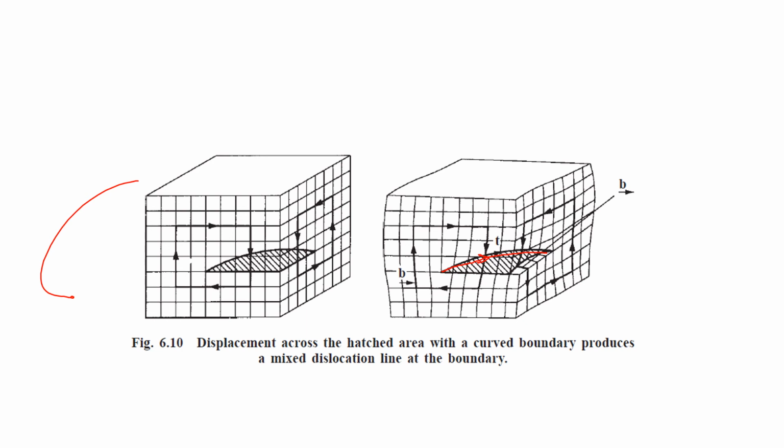And when you look into this from the right face, it is like a screw dislocation. When you look into this from the front face, it is an edge dislocation. So this dislocation is actually a combination of both types of dislocation. And actually it is like a curve inside that, which is the T vector.